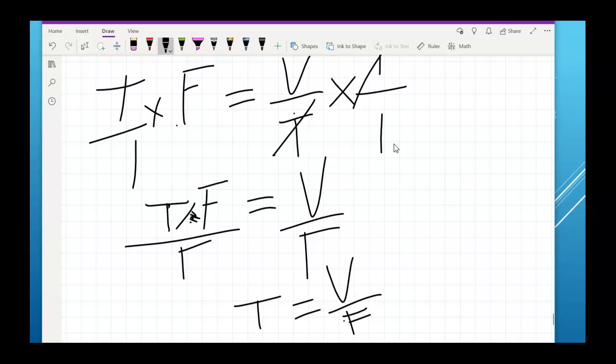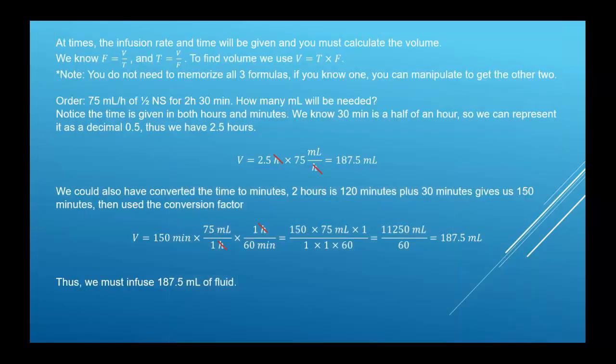So just knowing one formula, you can use your dimensional analysis strategies to do the same thing on both sides and solve for either time or volume. But if you want to memorize all the formulas, that's fine. It's completely acceptable.